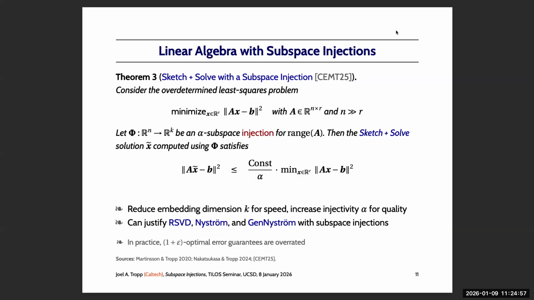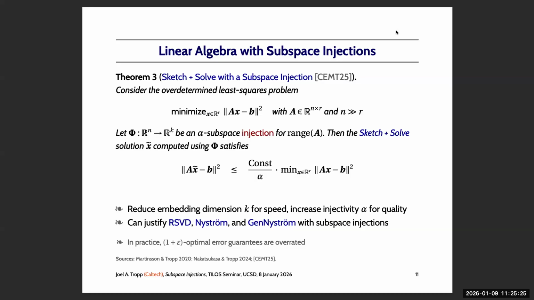If you use this subspace injection in the sketch and solve method, then you are guaranteed that the computed solution has a residual that is comparable with the optimal solution. The injection constant appears here in the denominator. So if alpha is 1/2, you get a factor of 2.